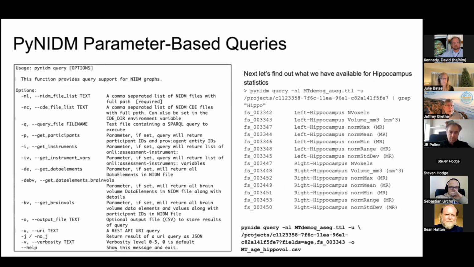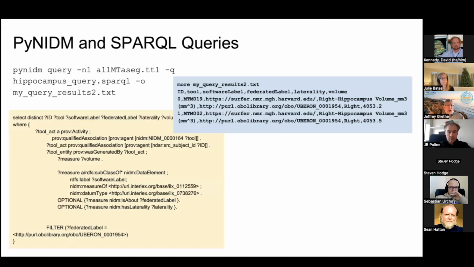For example, PyNIDM parameter-based queries, again in the NIDM documentation, provide a number of ways to query your data through standard command line options. You can also send in SPARQL queries, so you can submit, for example, the query down below to the left, and get results out in a CSV type format.